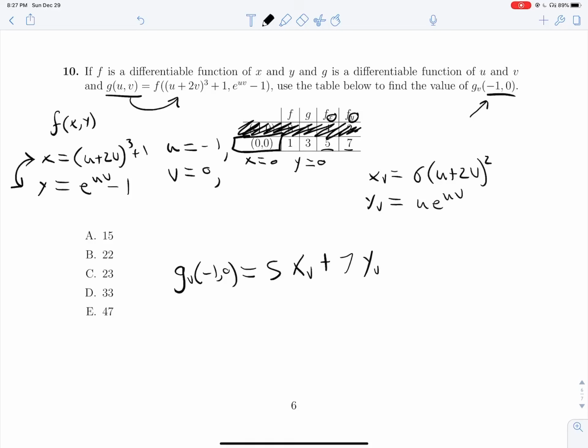And evaluating these at the same point, -1 for u and 0 for v, we see that this guy over here is equal to 6, and this guy over here is equal to -1. And we can plug these things in, times 6 and times -1, and we'll get our answer of 23.